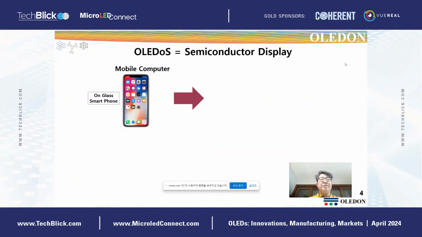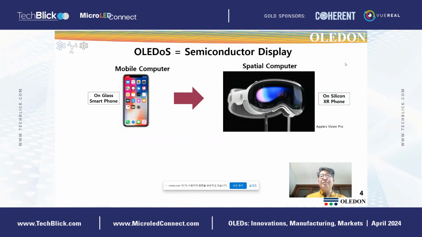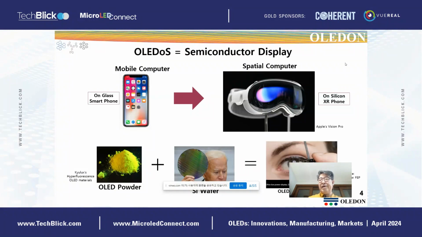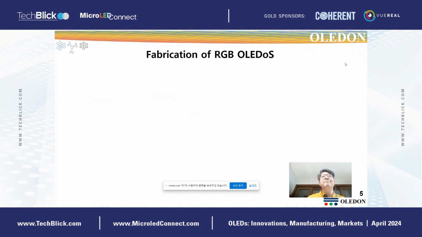These days, the mobile computer has been evolving to a spatial computer using semiconductor displays. So OLED powder molecules will be landing on the surface of a silicon wafer to provide tiny displays, which is OLED on silicon.